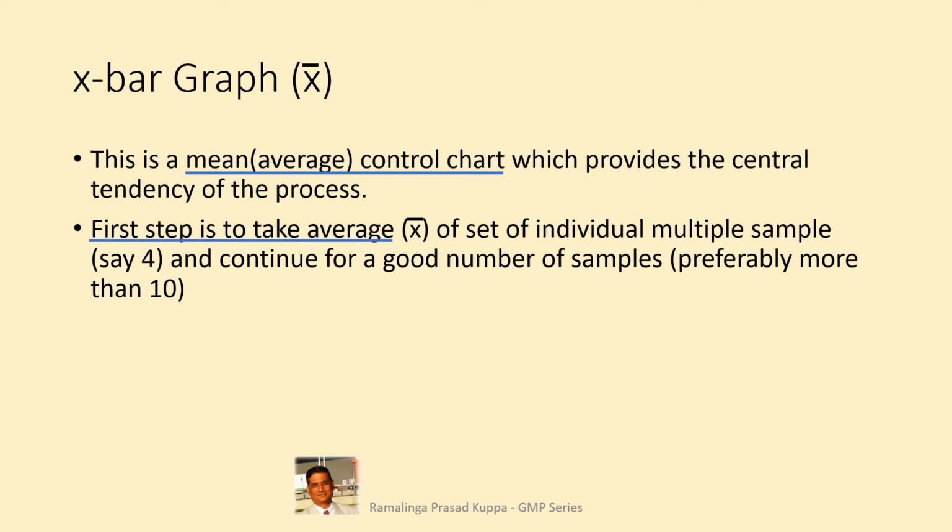So data from a subset of 4 or 5 samples will be tabulated and its average will be computed. This is called X bar. For control limits, X double bar will be taken into consideration. This is done by summing up of all averages divided by the total number of averages. Double bar indicates average of averages.